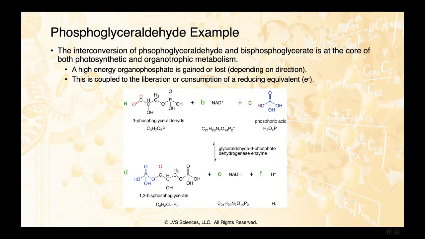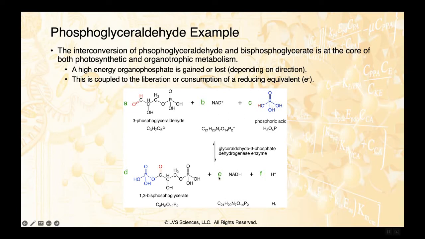It's an equilibrium reaction, but it involves both phosphate and reduction, okay, or oxidation reduction. So both of these are involved in this step. So if we understand the biochemistry now, we have so many molecules of 3-phosphoglyceraldehyde, a number of molecules of NAD in the oxidized form, okay, and a phosphate.